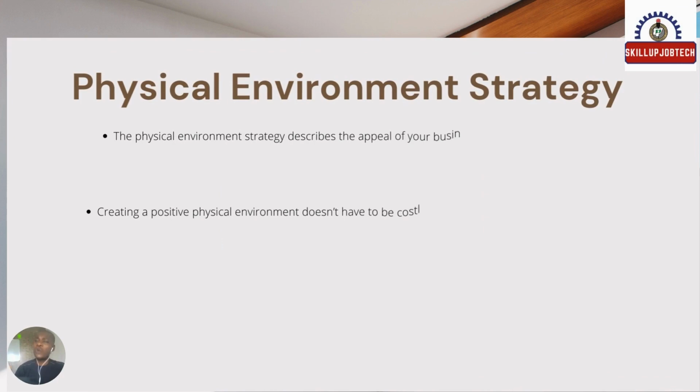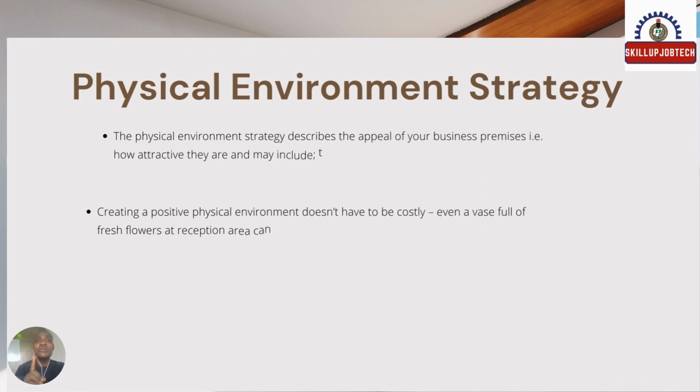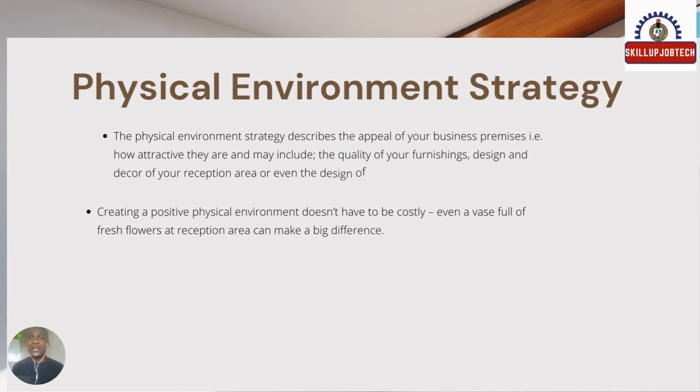Another one we're talking about is what? Physical environment strategy. This matters especially when you are dealing with physical products in a physical place. I will use an instance. Somebody may have a very beautiful edifice, well painted, but there is no way customers can park their cars freely. They have to go far away and park before coming to buy.